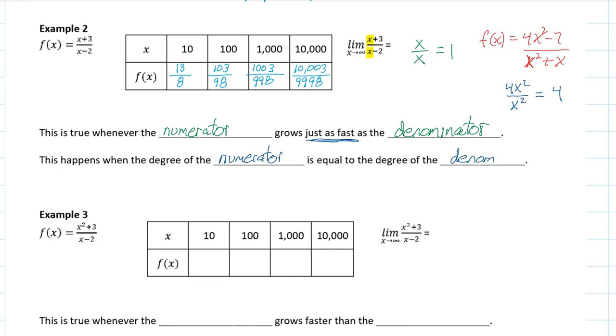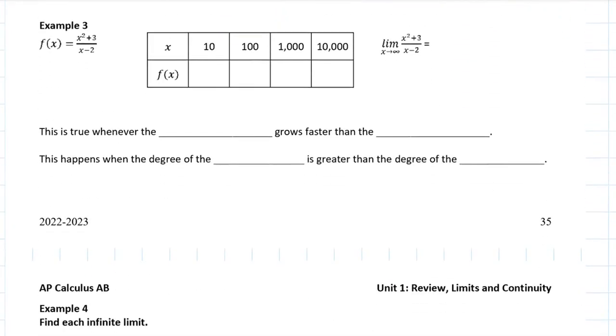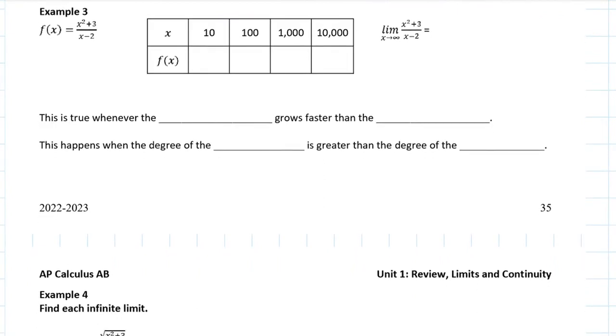All right, and again, these are all pre-calc rules here that we're reviewing. And the last one here, you can almost visualize what's going on here. If you're thinking about the degree of the numerator and the degree of the denominator, you see that the degree of the numerator is much bigger. And watch what happens when we start plugging in our values. I plug in 10 to the top, to the numerator, I get 103. 10 in the bottom, I get 8.